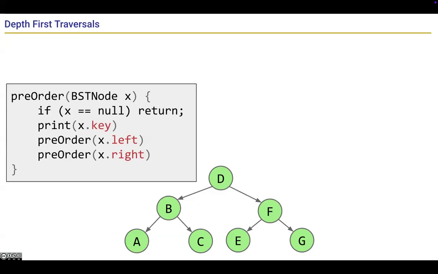Why do we go all the way down this way and then to C? It's recursive and the first thing you hit is left, so you go all the way down to the left. Yep. But there's nothing there, so it hits null, then you go to the one before that, the B, and then you go B dot right. Okay, we're back to D, dot right. F, E, G. Does everyone agree on that one?